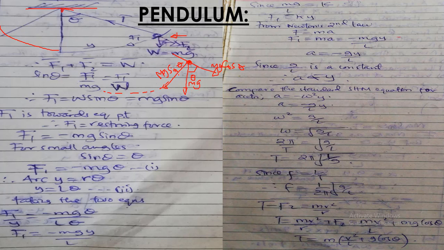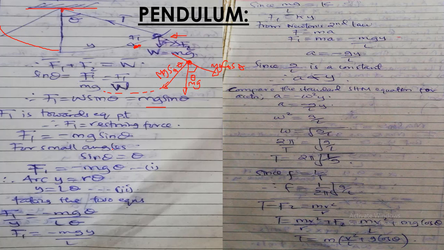So that is our restoring force. This F1, which is mg sin theta, is the one acting towards the equilibrium point. We have our restoring force acting towards the mean, which is mg sin theta.